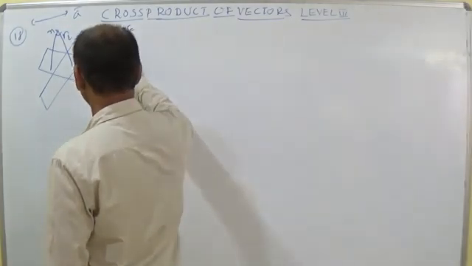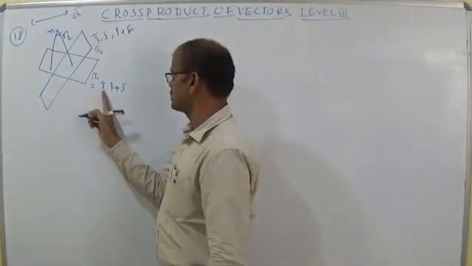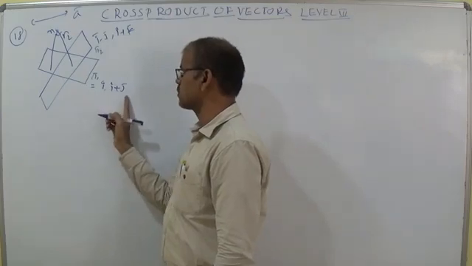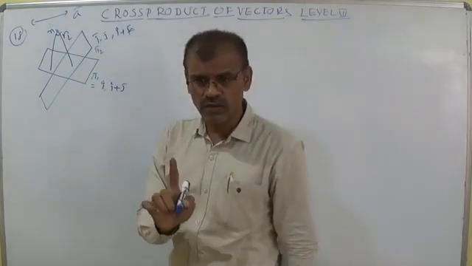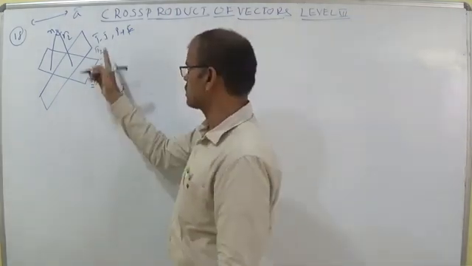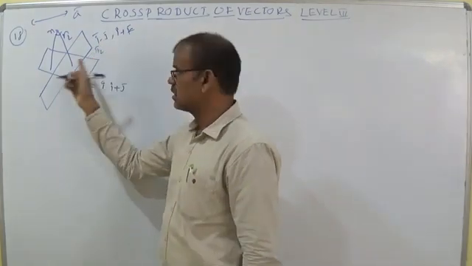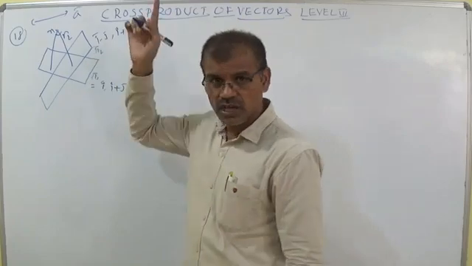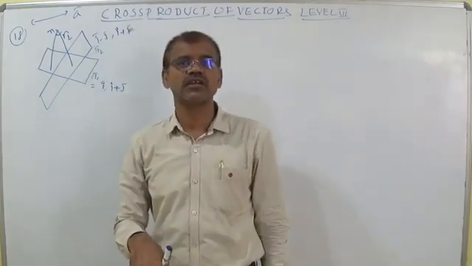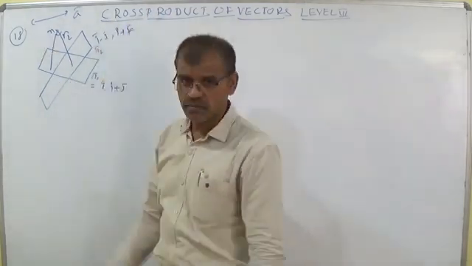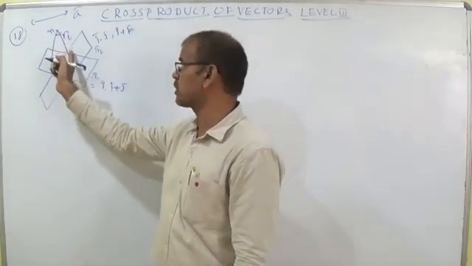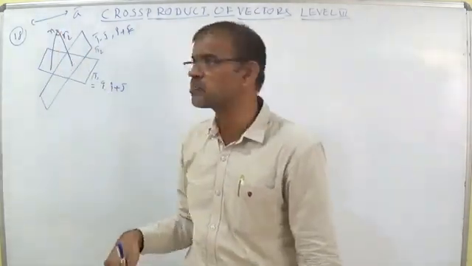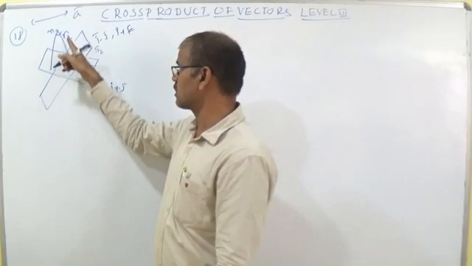You should calculate i cross i plus j, it is n1, a unit normal vector. Next i minus j cross i plus k, it is n2, unit normal vector. Whenever you take the cross product of n1 and n2, it is nothing but A bar, because perpendicular of perpendicular becomes parallel. You should calculate n1 cross n2.